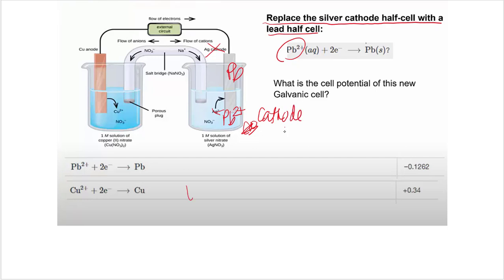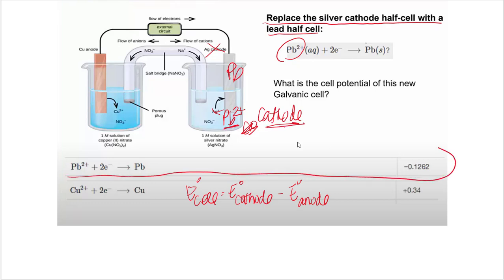And to find our standard state Ecell, we're going to do our cathode minus anode. Our cathode is our lead, and our lead has a value of negative 0.1262 volts.